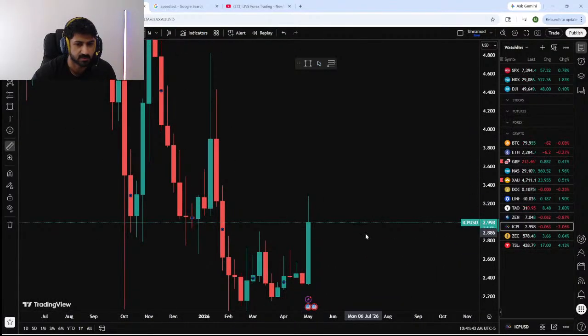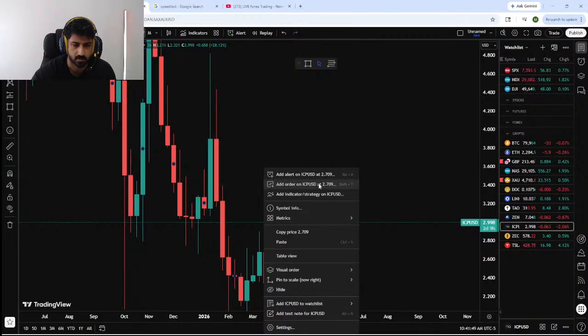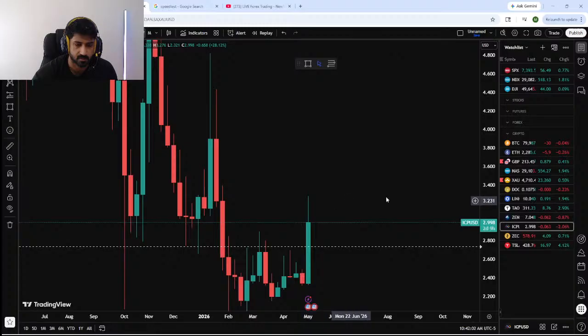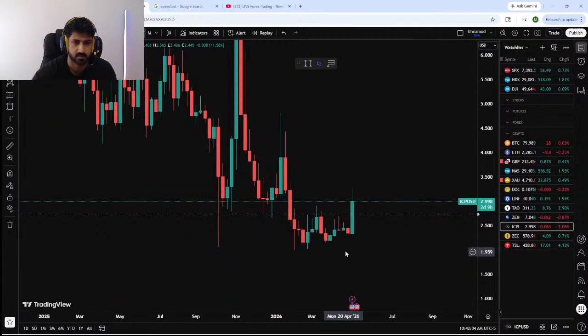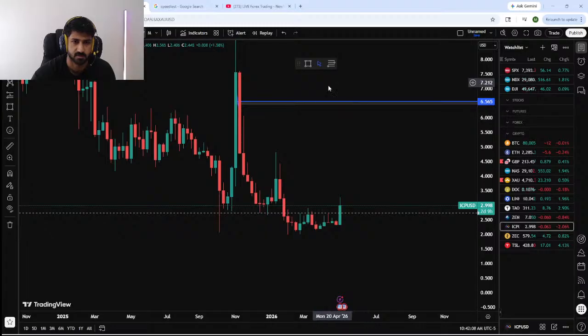Like, if it retraces back to like right here, let me put an alert around this area. If it comes back to this area, I think there is a chance for continuation.